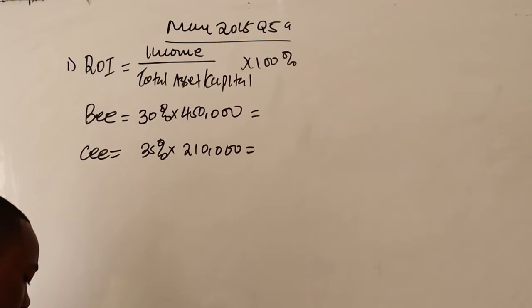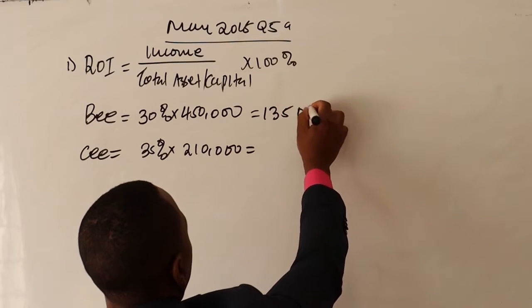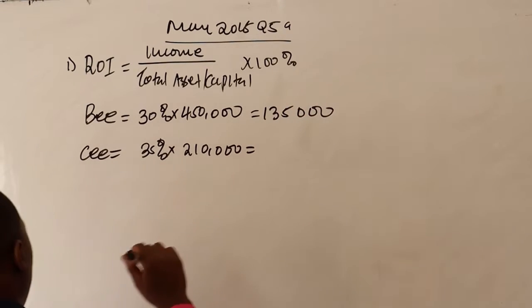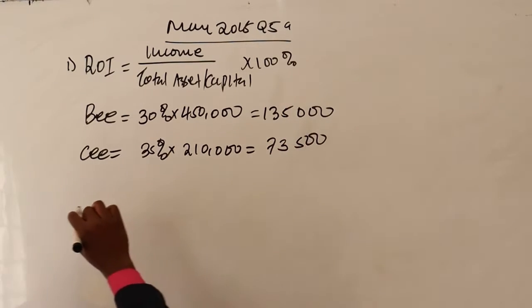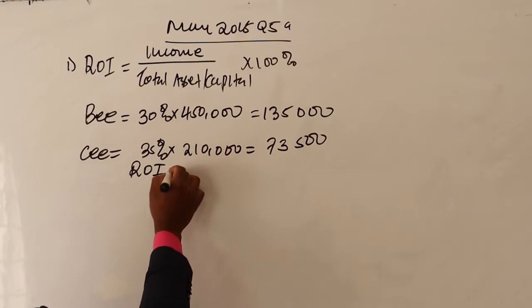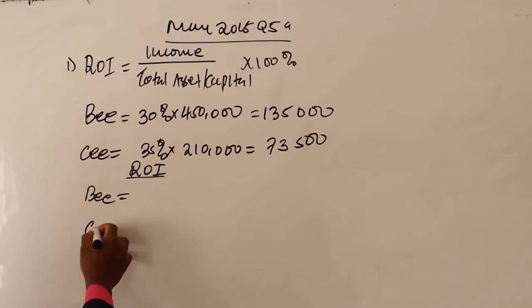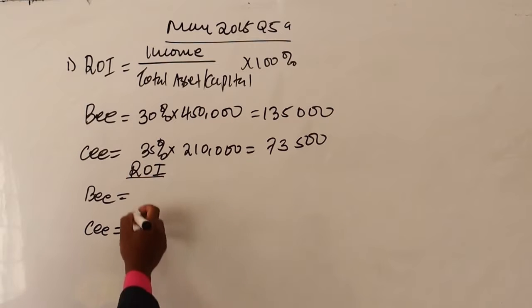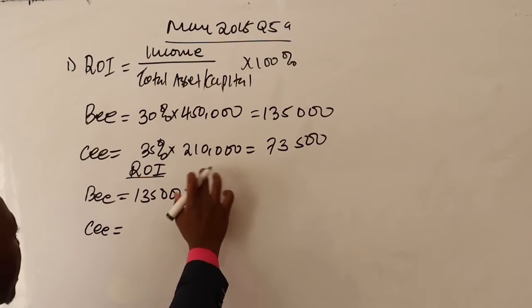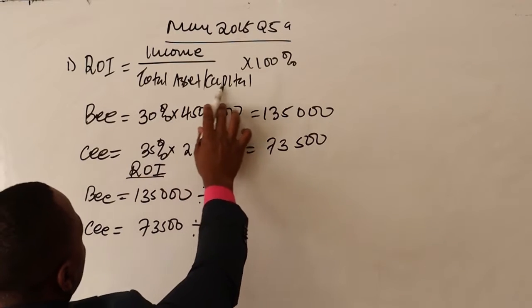So how much will be the income? 30% of 450,000 gives 135,000, and for C, it's 73,500. Now let's get the return on investment for B and for C. You take the income, 135,000 for B and 73,500 for C, then you divide by total assets, the capital.